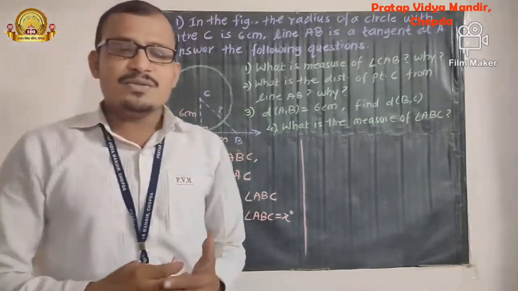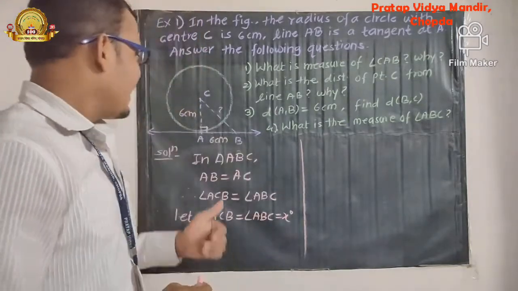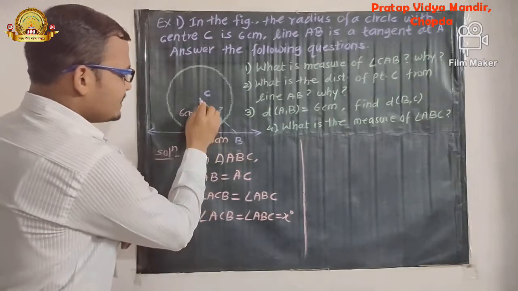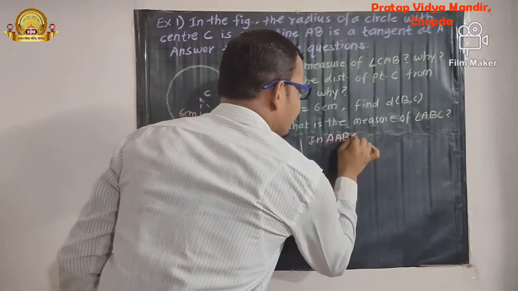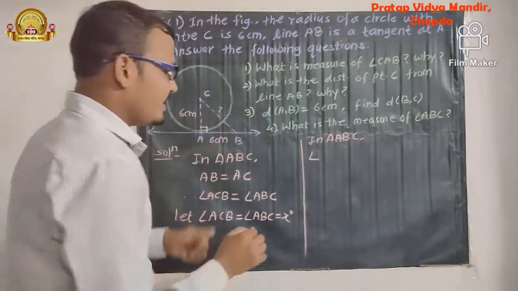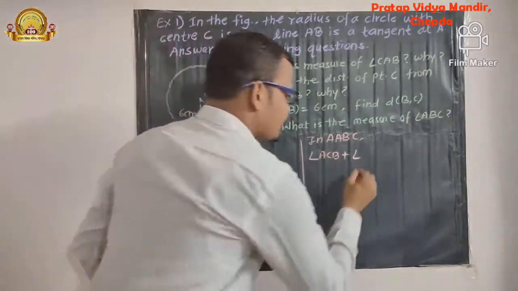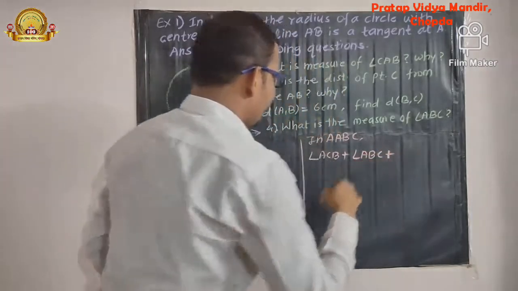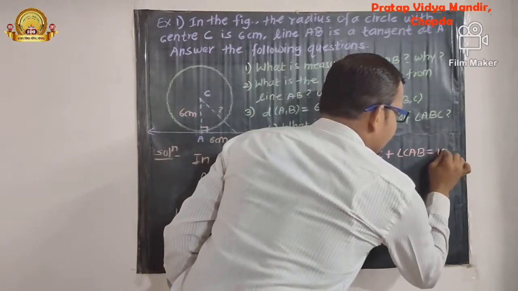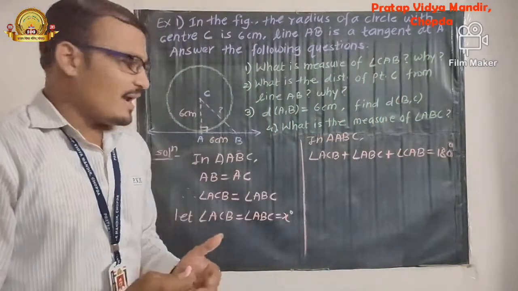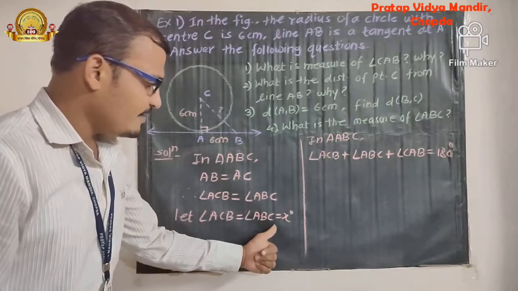Now we also know that the sum of the three angles of any triangle is 180 degrees, and in triangle ABC the sum of these three angles is 180 degrees. So in triangle ABC, angle ACB plus angle ABC plus angle CAB is 180 degrees.